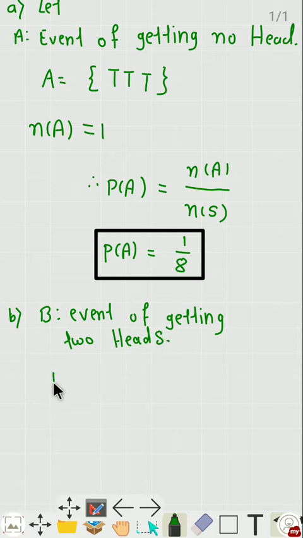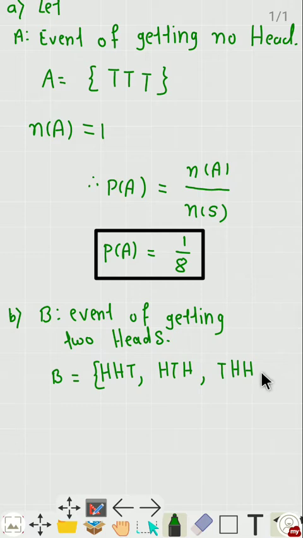Set B contains these possibilities: head, head, tail; head, tail, head; tail, head, head. 1, 2, 3.